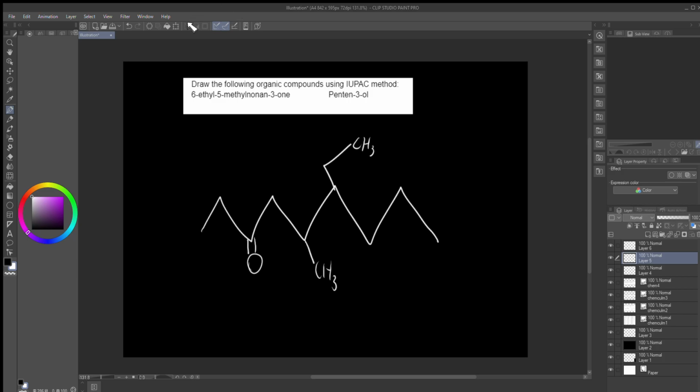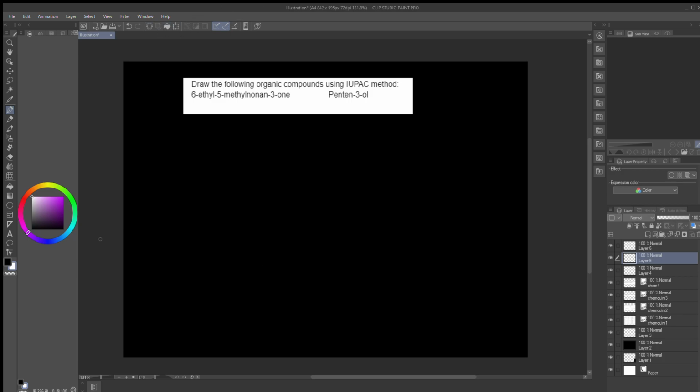And then next we will be going over pentene-2-ol. And so for pentene-2-ol, we will be having 5 carbons and then a double bond here. And then there will also be an OH bond here as well, since this is an alcohol.